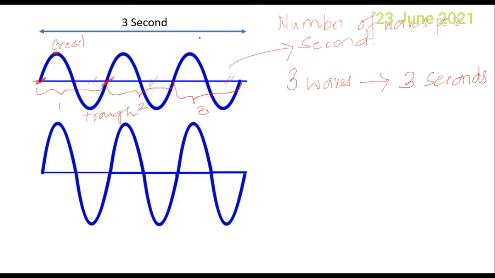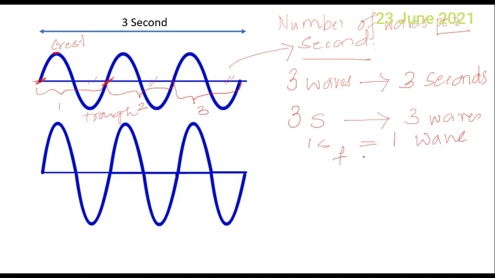Now, what is the frequency definition? Number of vibrations or waves per second. And therefore, we have to find out per second, which means in 1 second. So 3 seconds, 3 waves. In 1 second, it's one wave.